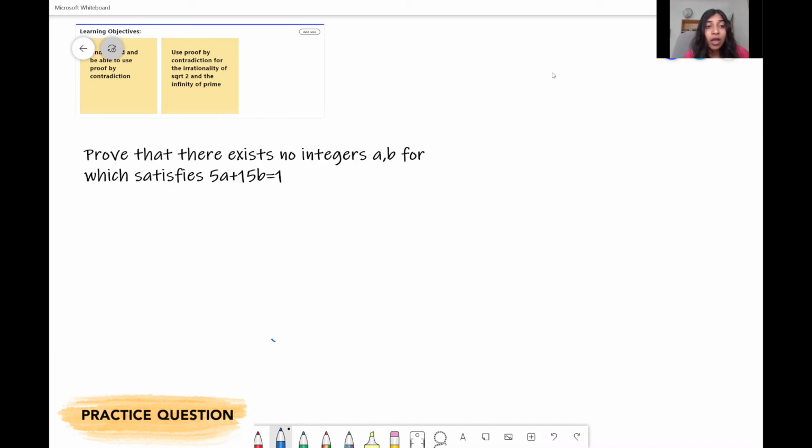Okay, so the question is, prove that there exist no integers a, b which satisfy 5a plus 15b is equal to 1. So the first thing you need to do is assume the opposite is true.